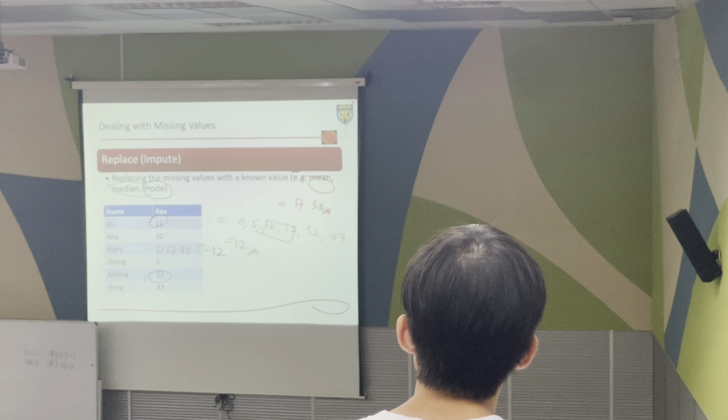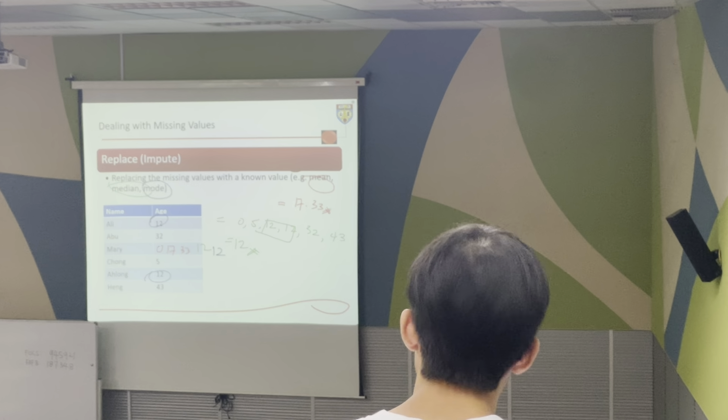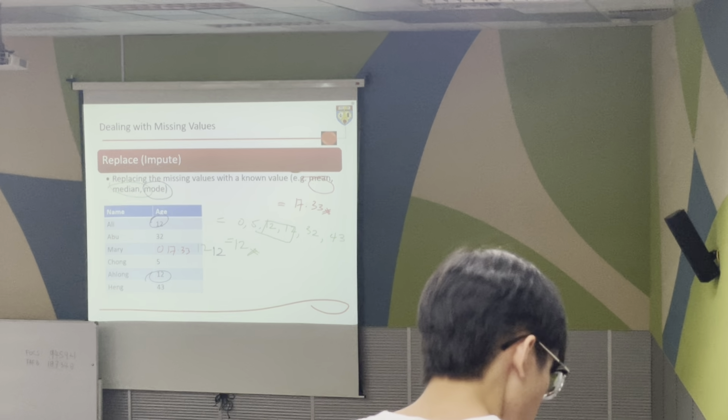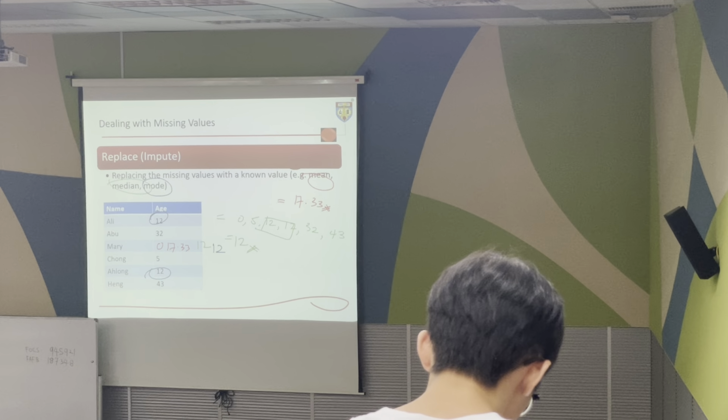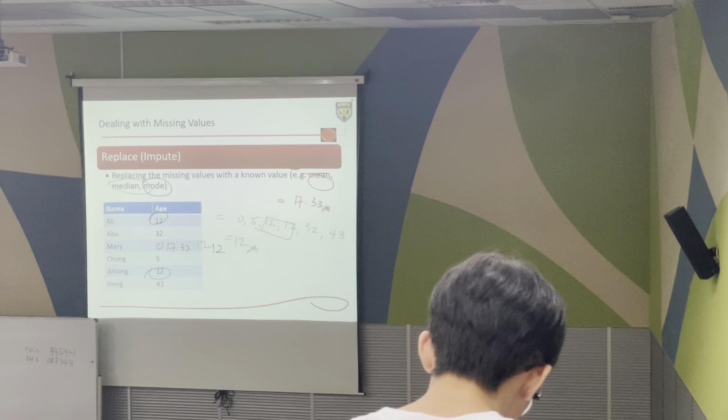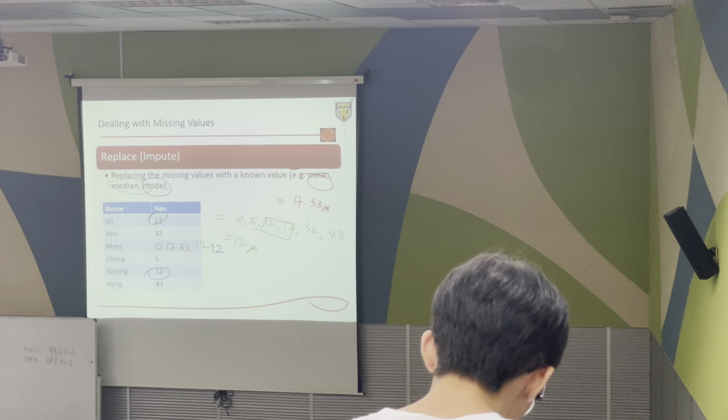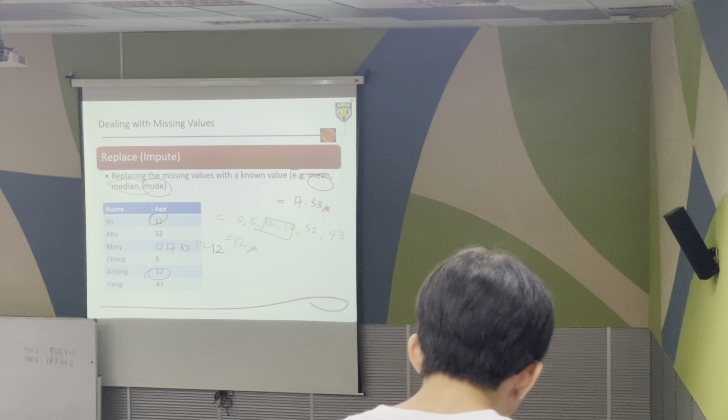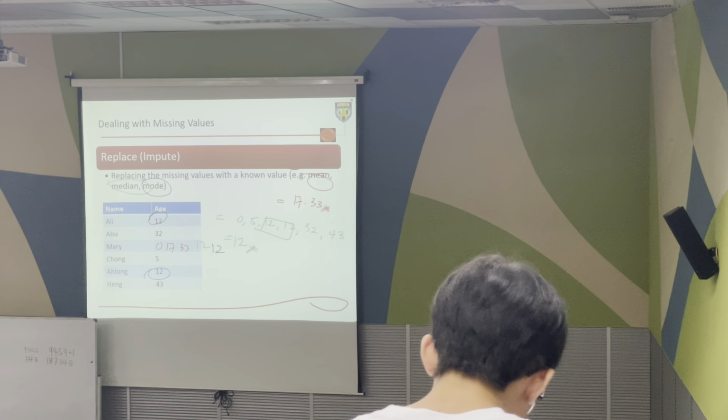There are three ways. Either you can replace missing values with the mean, median, or mode. It depends on you. But for every single imputation technique, you must justify. For example, why you prefer to use the mean, why you prefer to use the mode, and so on.